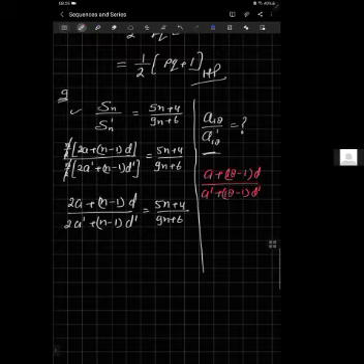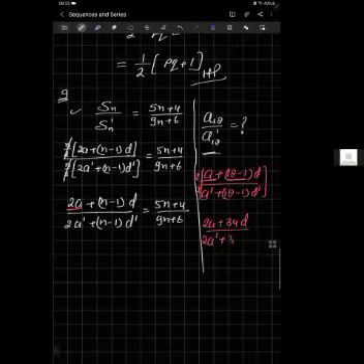Try to notice a point over here. It is a, and in this case it is 2a. So numerator and denominator must be multiplied by 2. It will become 2a plus 18 minus 1, 17 into 2, 34d, upon 2a dash plus 34 d dash.